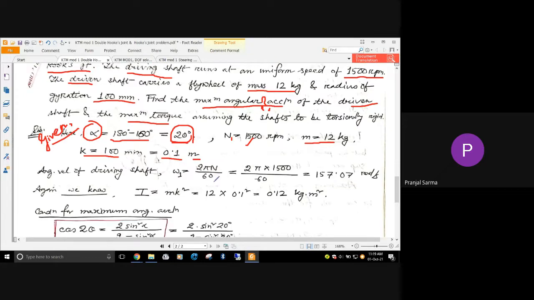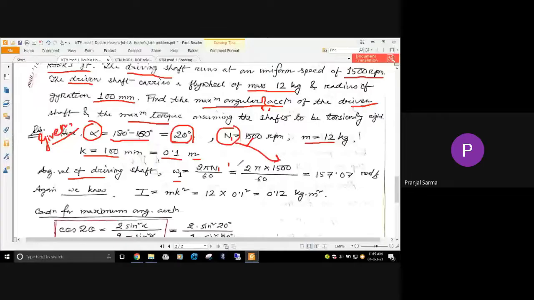Now, from here, what can we find out? For the driving shaft, the rpm is given, so we can find the angular velocity omega 1 for the driving shaft. We know that omega equals 2 pi n by 60. So for omega 1, it will be 2 pi n1 by 60.